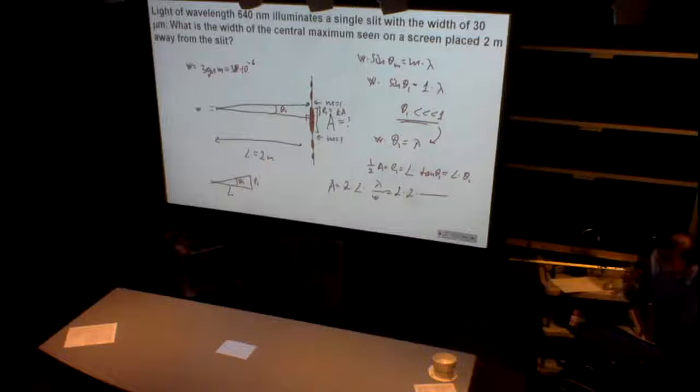2 times, don't make the same mistake again, 640 nanometers over 30 times 10 to the negative 6.